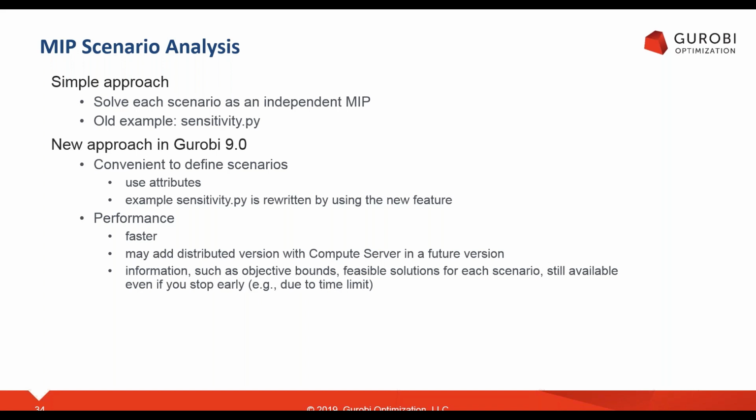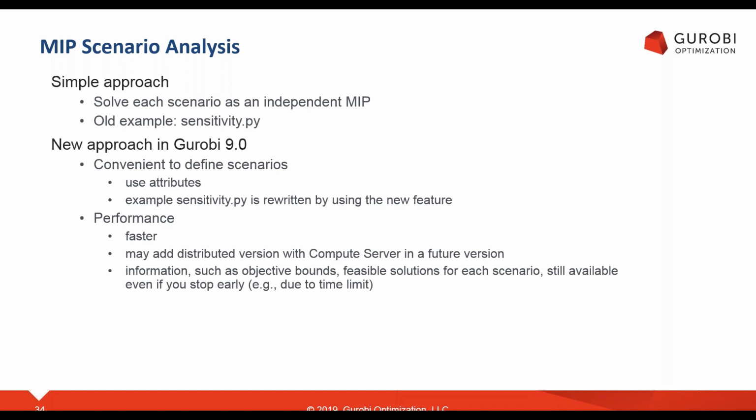It would solve a mixed integer program, look at the solution, and then for each binary variable, solve another MIP where that variable is fixed to the opposite value compared to the optimal solution of the original MIP. You do this for every binary variable and see what would happen if you fix this variable to the other side.